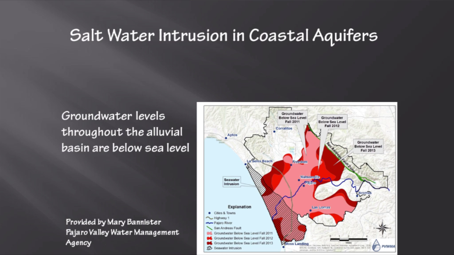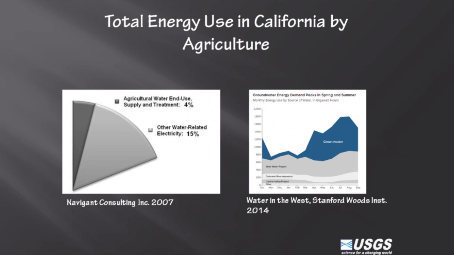So the hope is that we get a really big year and we get enough recharge to fill in all that storage in that aquifer so that the seawater doesn't do that.